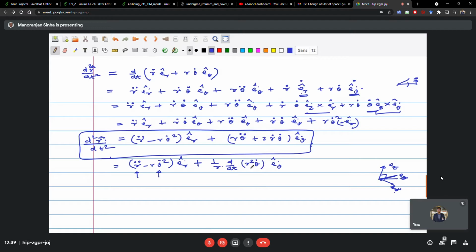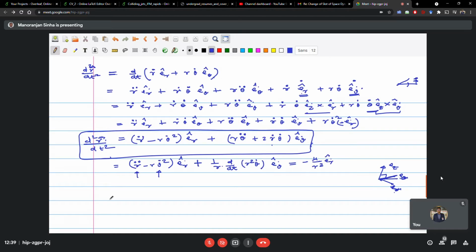Once we expand it, we can check it will come to this. Okay, so right hand side we have written as mu by r square times r cap.